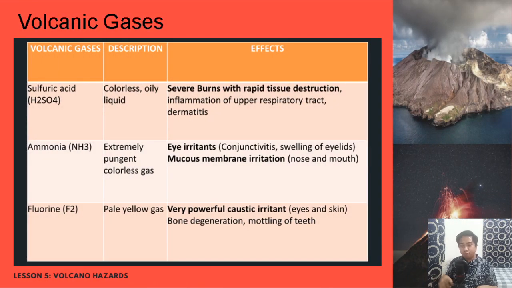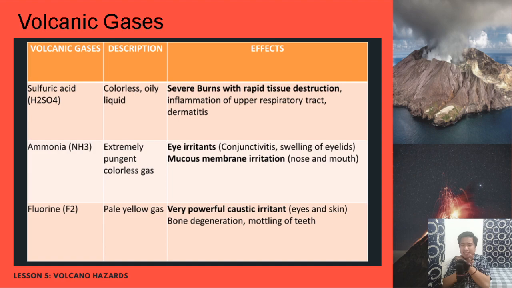Next is your sulfuric acid. Again, it has sulfur content, so it is pungent. However, in the description, as you can see, it is an oily liquid. So it has that emulsified quality, with the presence of an oily liquid substance when felt by our skin.